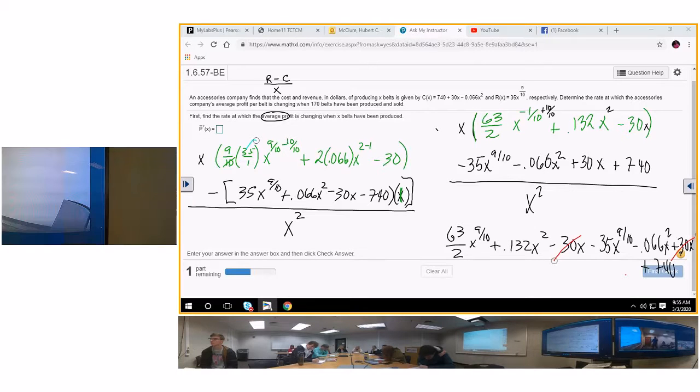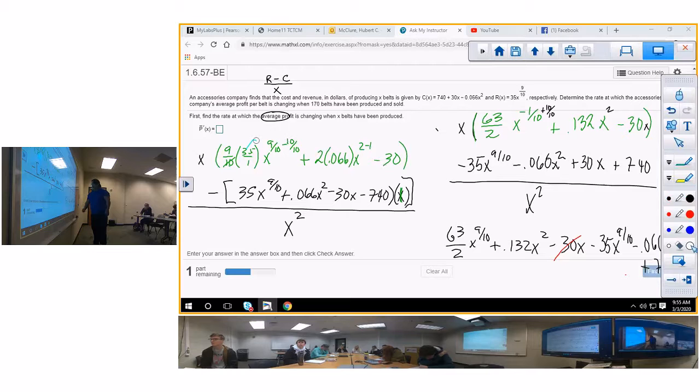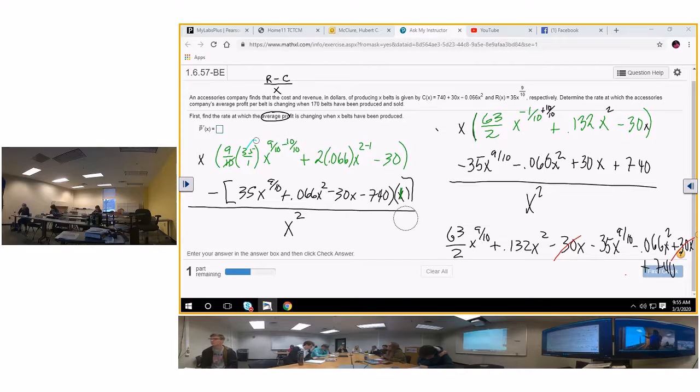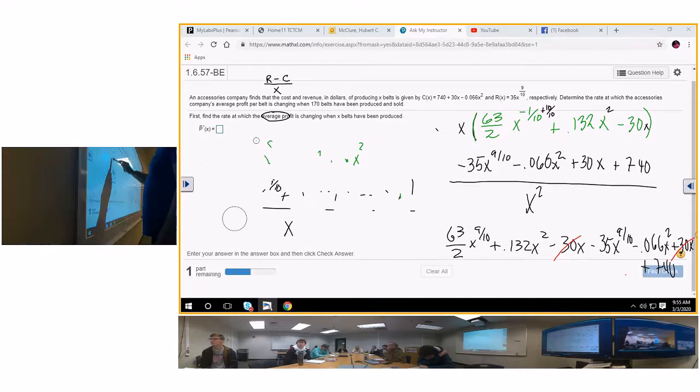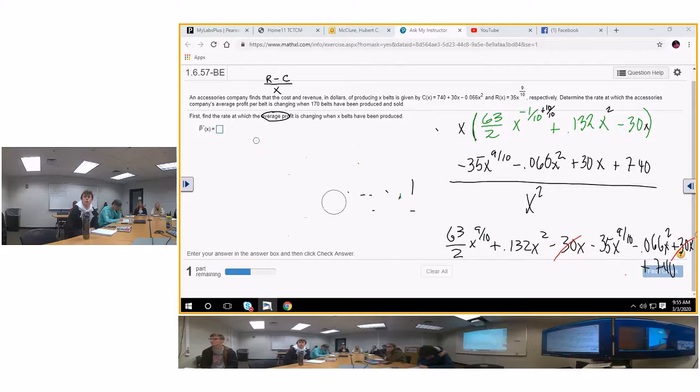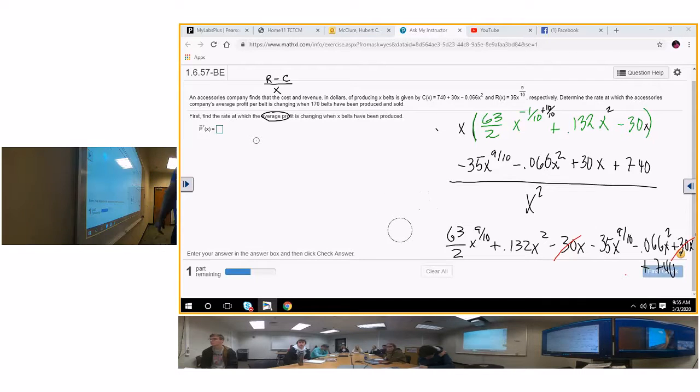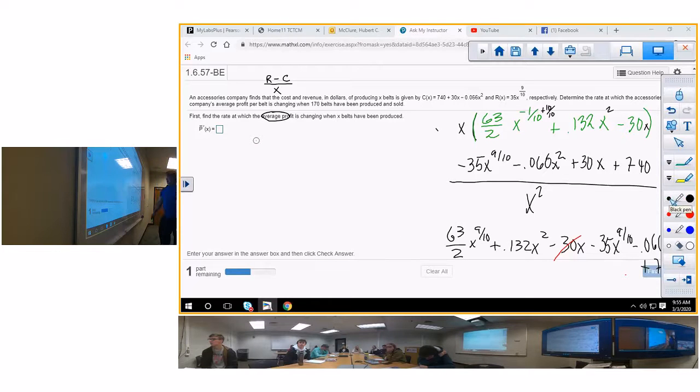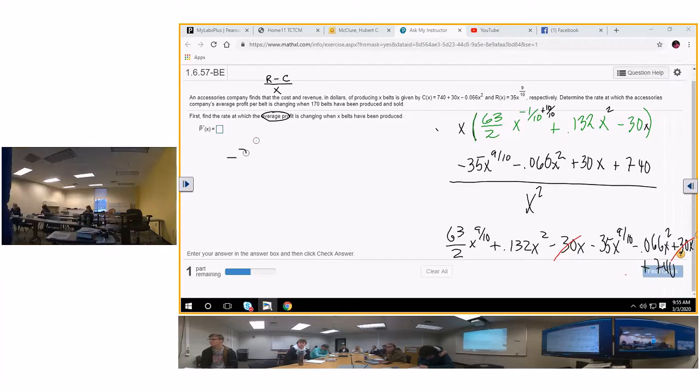And everything else, so 63 over 2 minus 35. I'm going to do it with fractions because I don't want to depend on a calculator. -7 halves. -7 halves x to the 9/10, and that takes that out.